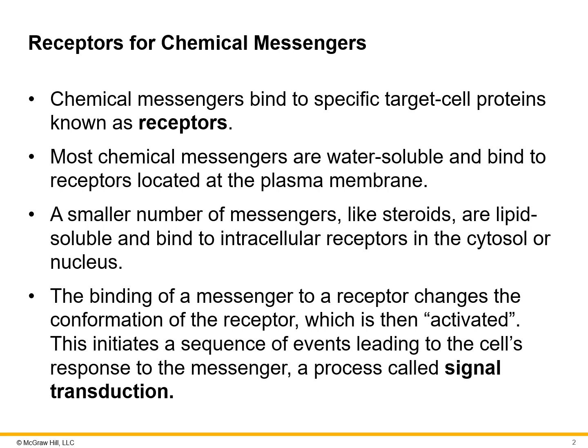The binding of a messenger to a receptor changes the shape of the receptor, which is then termed activated. The sequence of events that respond to that ligand-receptor connection is called signal transduction.